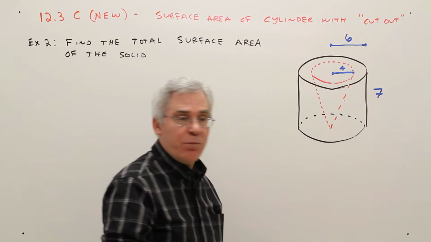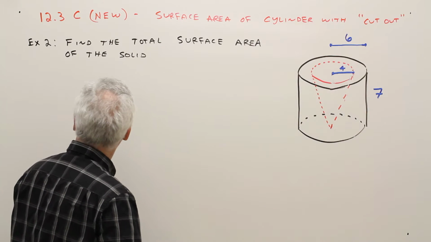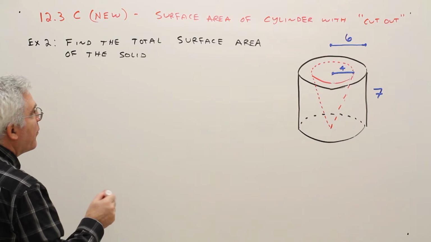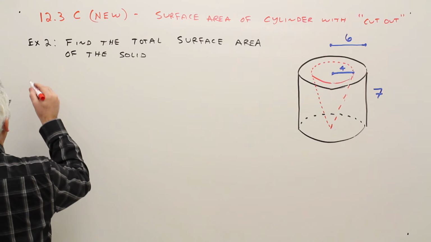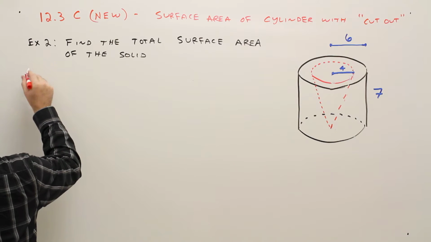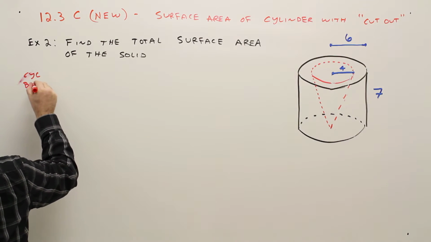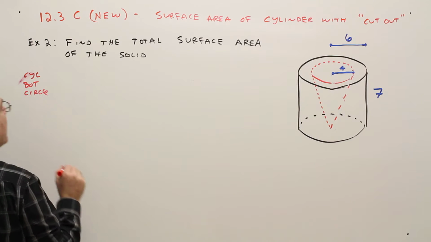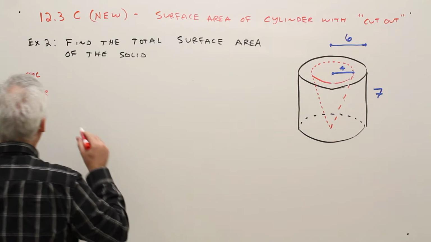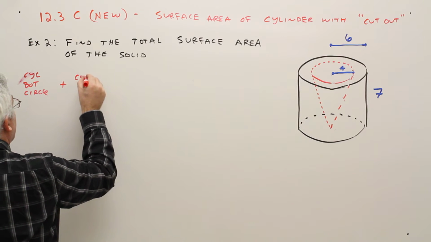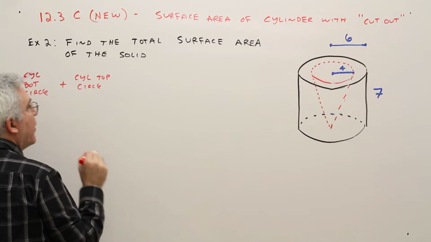What I'm going to do is just break this down surface by surface. Okay, so here we go. Let's start with the bottom of the cylinder. So I'll say cylinder bottom circle, plus the cylinder top circle.